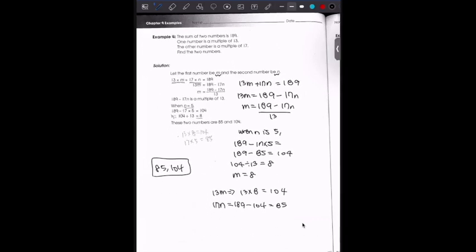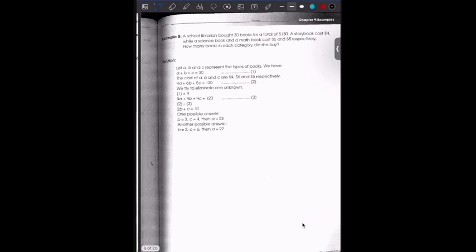Now let's take a look at example 5. A school librarian bought 30 books for a total of $130. A storybook cost $4, while a science book and a math book cost $6 and $5 respectively. How many books in each category did she buy?